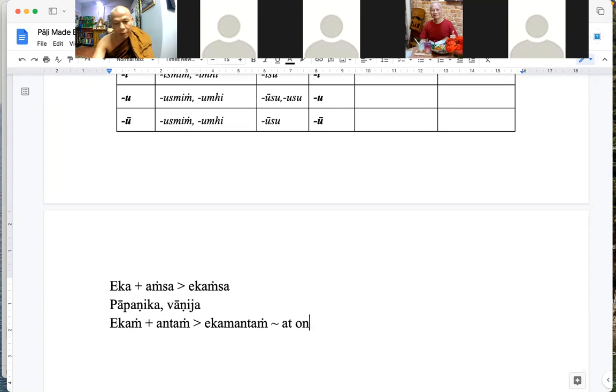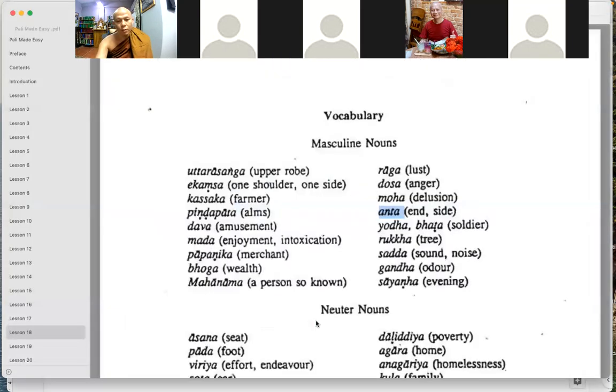Eka mande atasi, eka mande tidako, and so on, at one side. So related to the anda, you can see. And then Yoda, Bada means a soldier. Yoda, Bada, soldier.